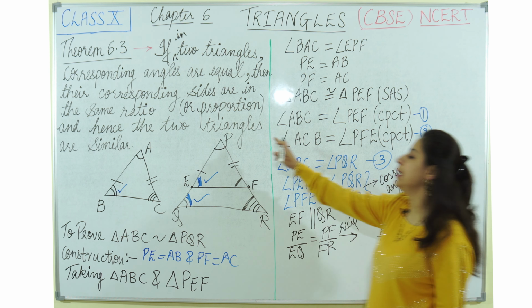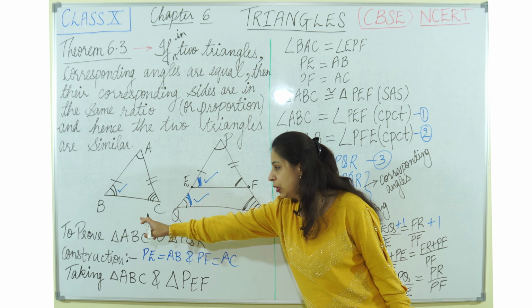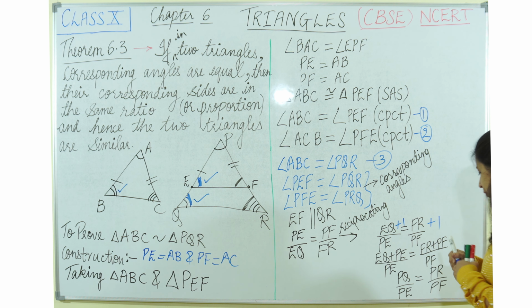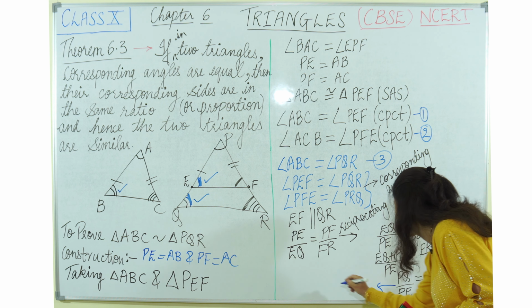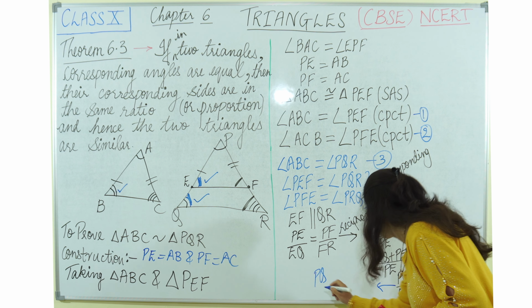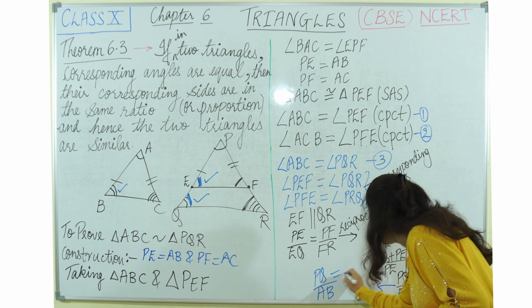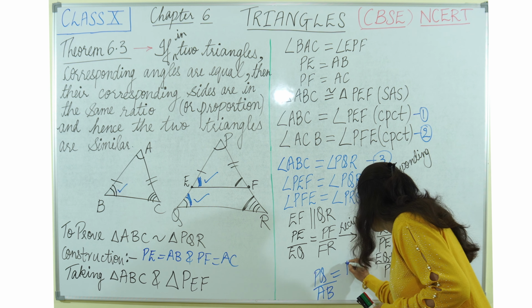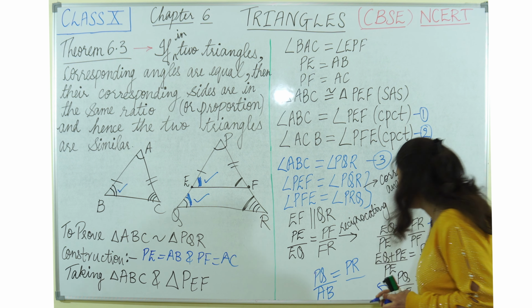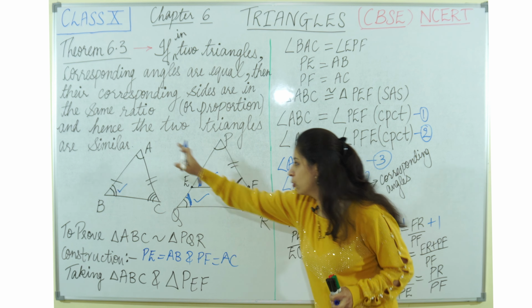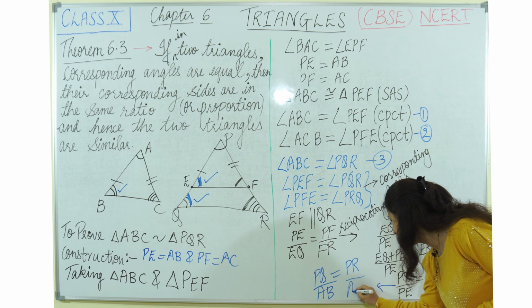And PE is nothing but equal to AB. So from here I can get PQ upon AB equal to PR upon PF, and PF is equal to AC.